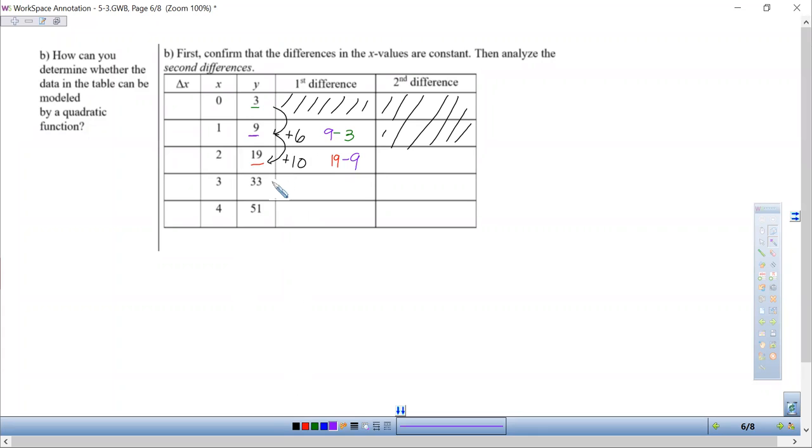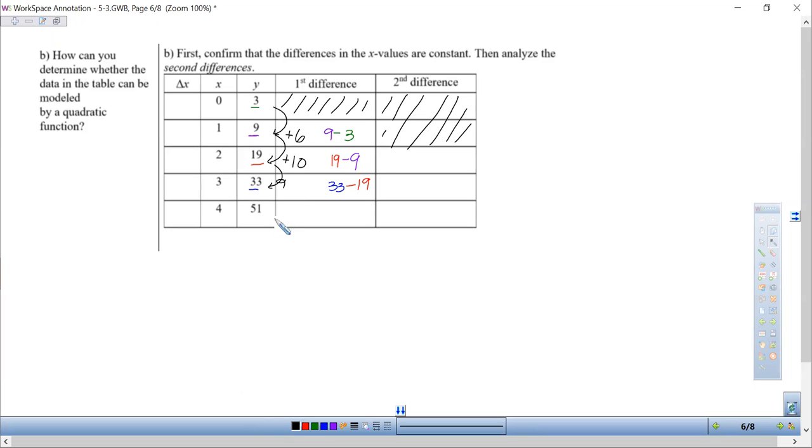That's where I'm getting the 10. As it gets bigger, maybe it's more difficult to find those values. So I can take 33, which is my next value, and subtract 19 from that, and that gives me 14.